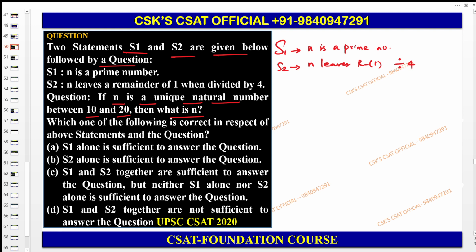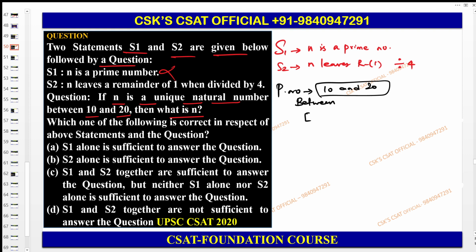With this itself, we cannot answer anything, so leave this one. Take the prime numbers between 10 and 20.